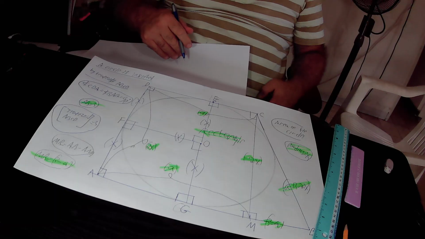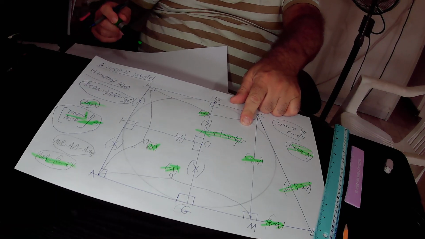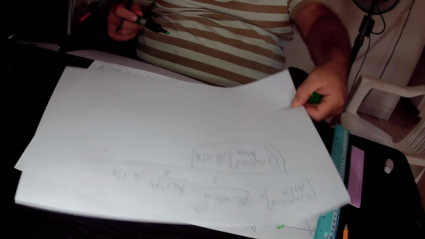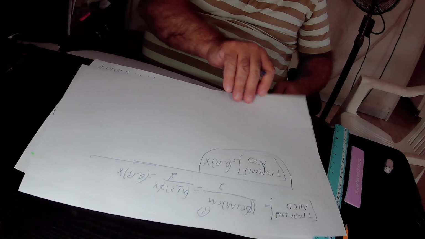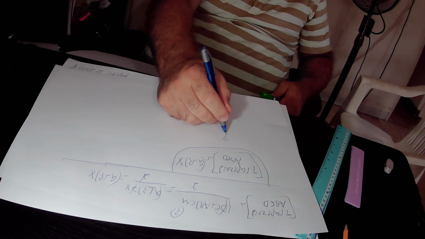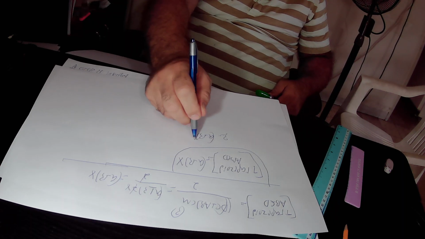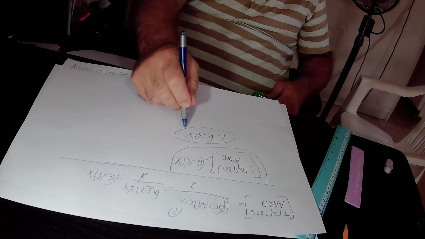But according to what is given in the question, the area of trapezoid ABCD is equal to 3 square units. So we can substitute the area of trapezoid ABCD by 3 square units. We do it now, and we get that 3 equals a plus 3 times x.